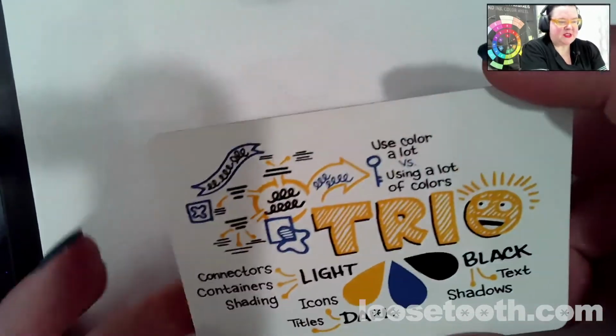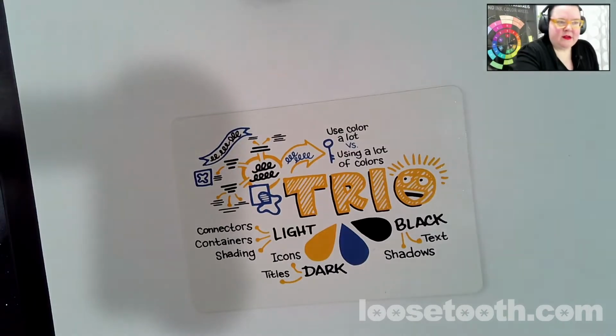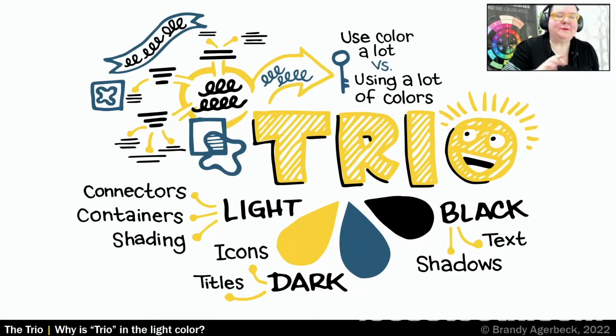So here is the, oh, you know what? I'm going to hop on over here. Let's look at it big and bold, super clear, no glare. Woohoo. All right. There we go. Aha. So this is an example of a trio, but also kind of a guidance for the trio where you have 3 colors and you know what each color is doing.